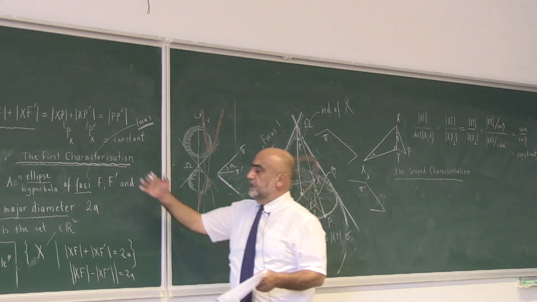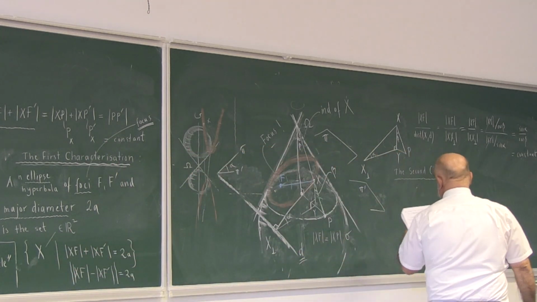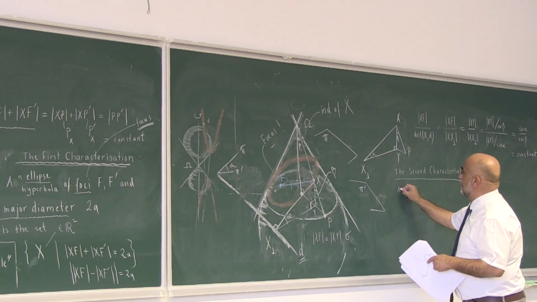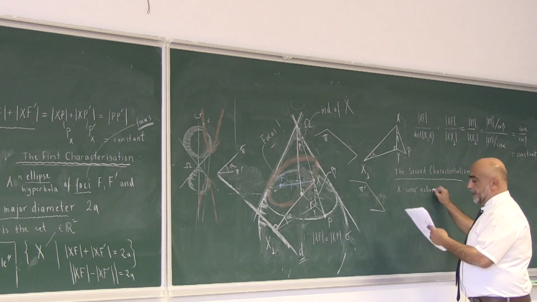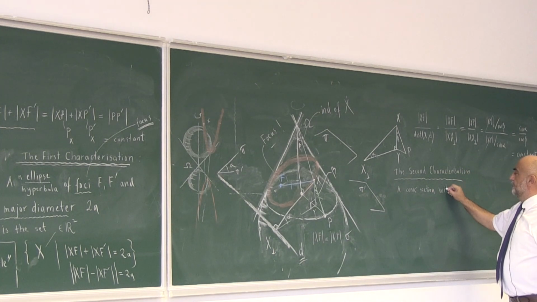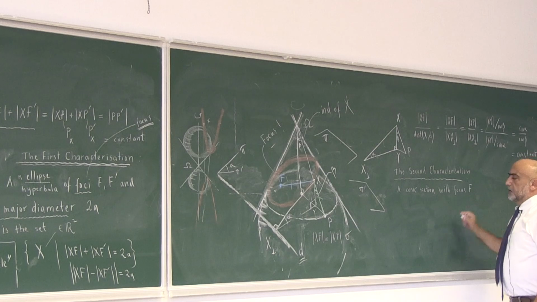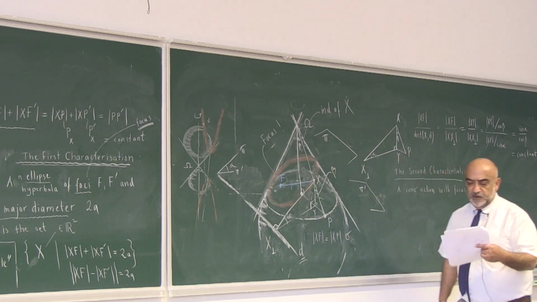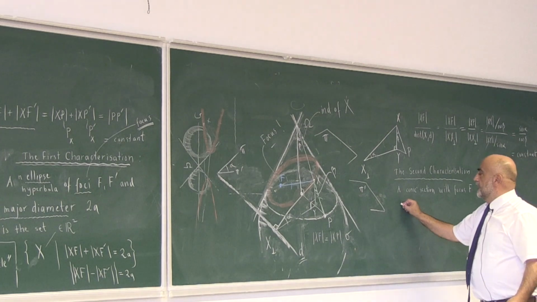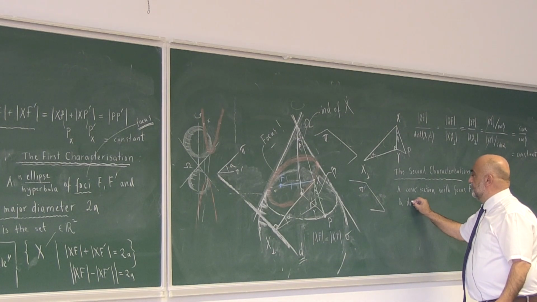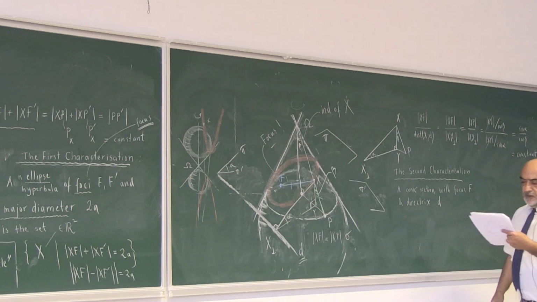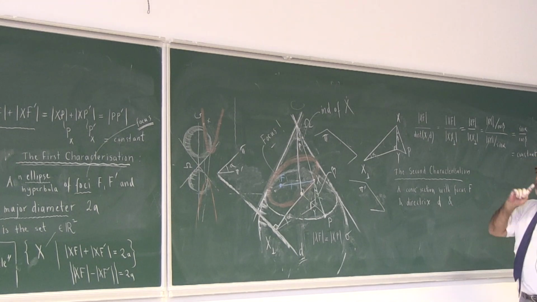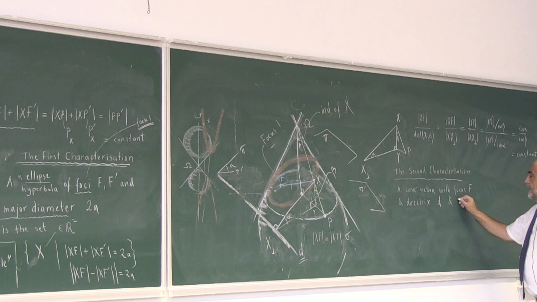Okay, so I'm just following this same template. A conic section with focus f. This straight line has a special name, it is called the directrix d, and a third piece of datum, eccentricity.